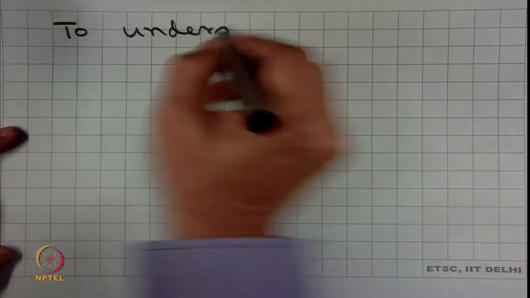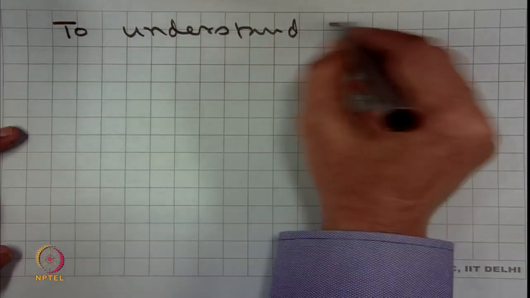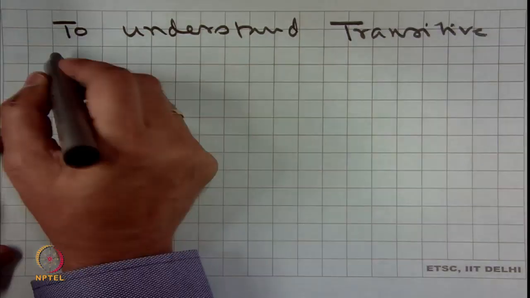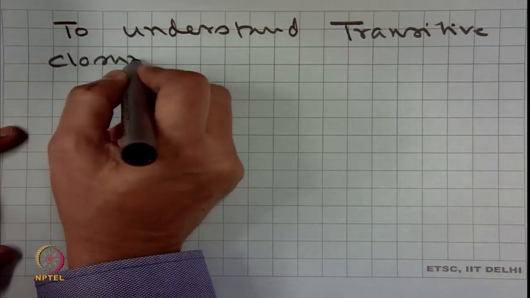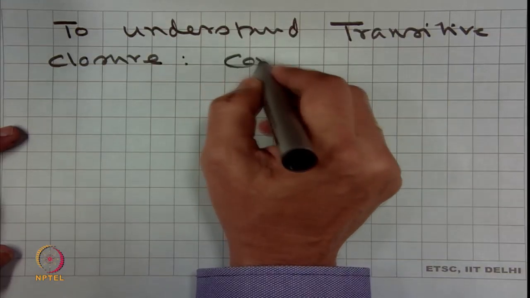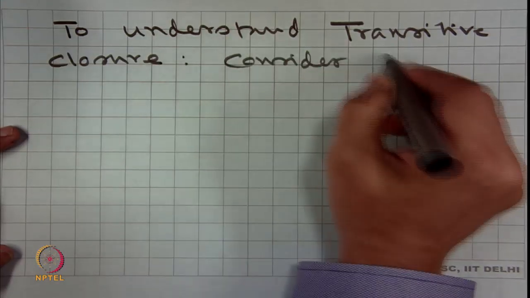To understand the meaning of transitive closure, consider the following graph.